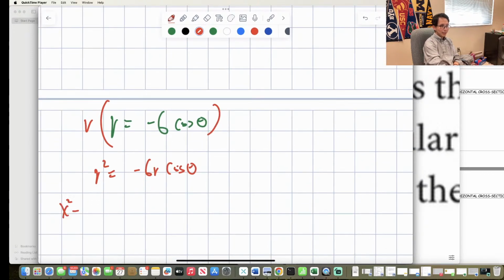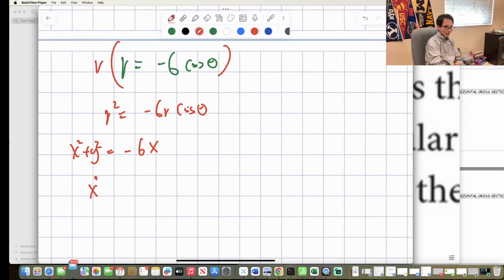So this side is x squared plus y squared equal to -6x. And you're like, wait, what is this? Complete the square. Plus 6x plus y squared equal to 0. Six divided by 2 squared is 3 squared, which is 9.